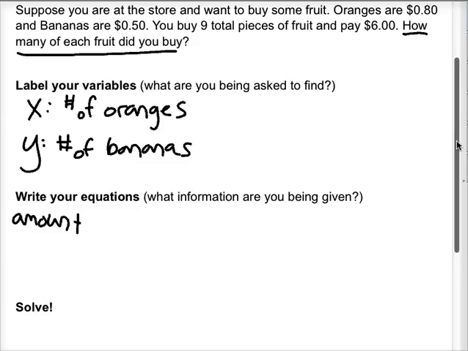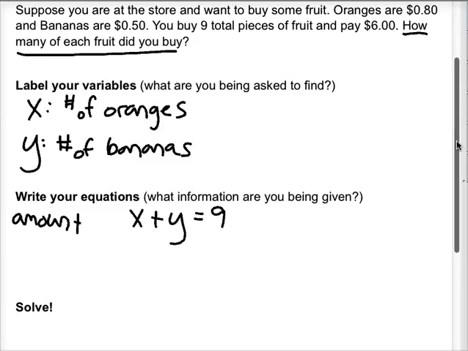So if you bought 9 total pieces, what that means is together, the X and the Y, so all together, the amount of fruit that you bought was 9. So that's the first thing you have to do. That's what I call my amount equation. Okay? So you simply make that based on the fact they give you the total that you bought.